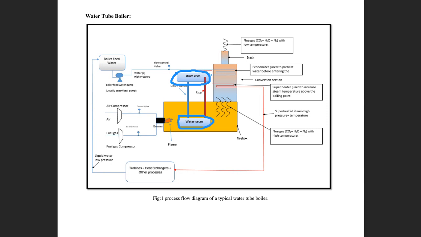And although some of the furnaces might have, in the recovery in the convection section, some of the furnaces can be designed to generate steam. But you will see in general, guys, if you eliminate these two drums, then you will have a furnace.